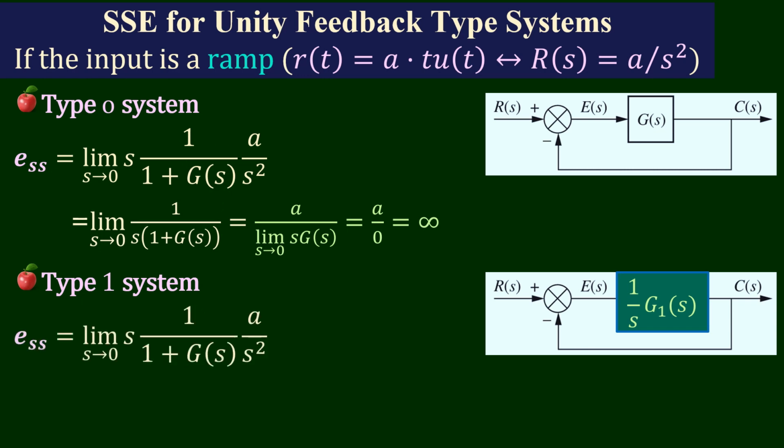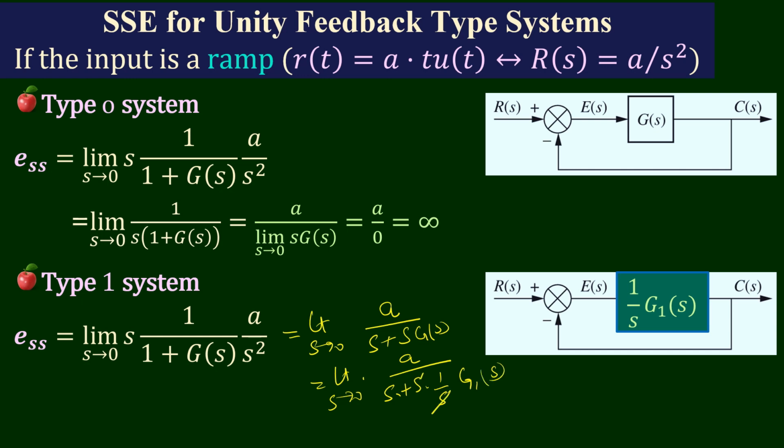So if we simplify it, this will be equal to limit s tends to 0 A upon s plus s G(s). So this will be limit s tends to 0 A upon s plus s into 1 over s into G1(s).